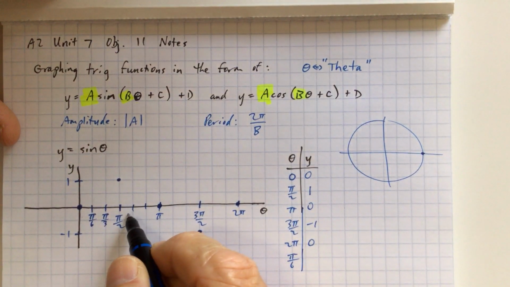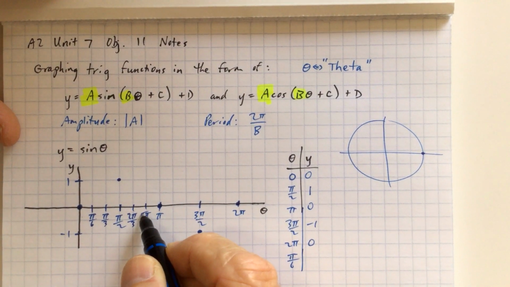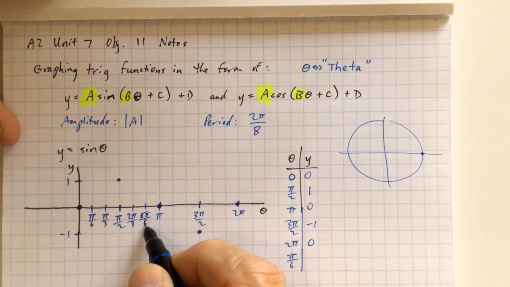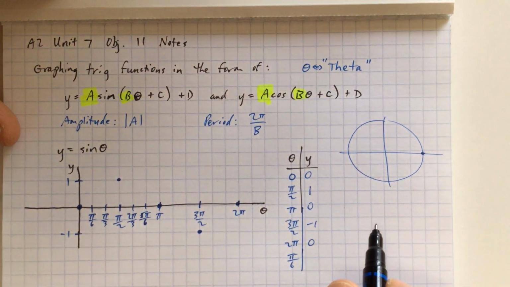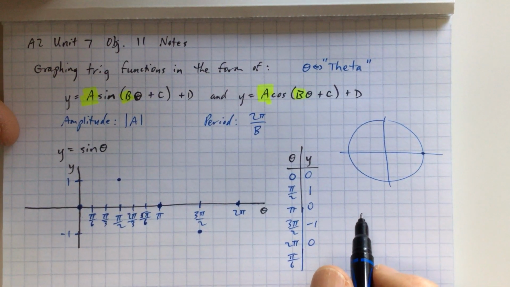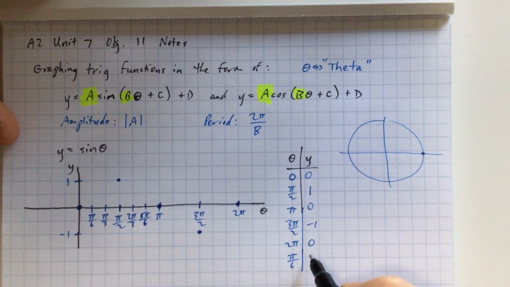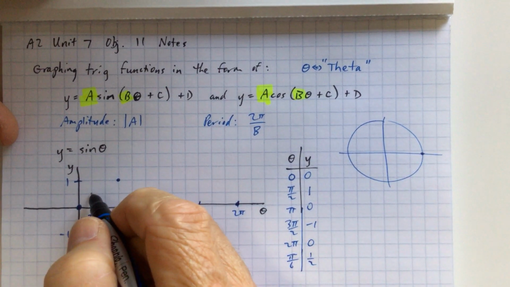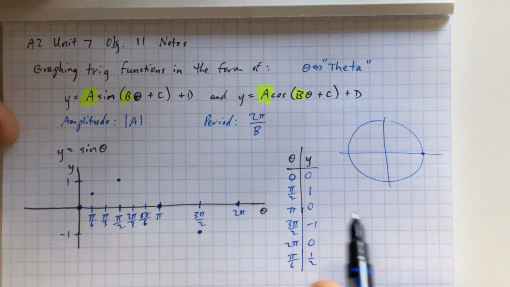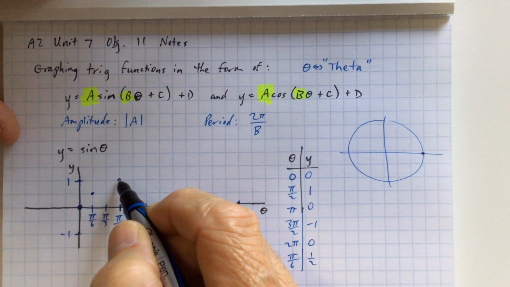That's pi over 3. And then we have 4 pi over 6 and 5 pi over 6. You're not going to have to do this every time. In fact, you're not going to have to do it more than twice, and maybe not even more than once. If you plug in pi over 6, we know that the sine of pi over 6 is 1/2. So that goes like that, and you can see it's not on a line from this point to this point.